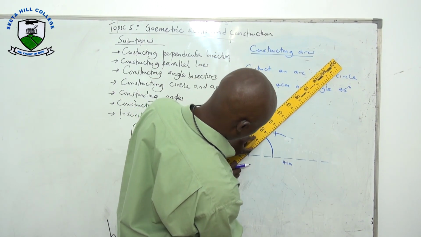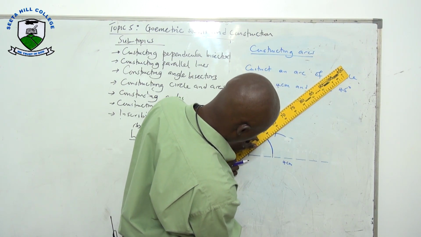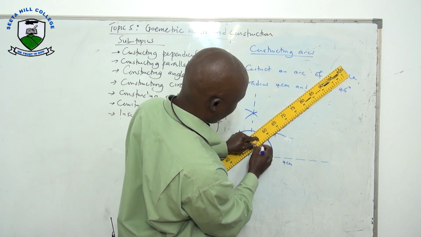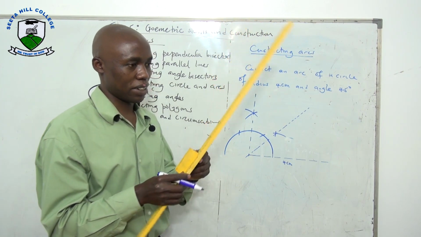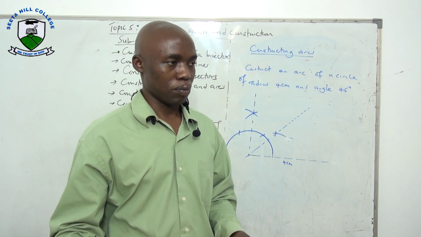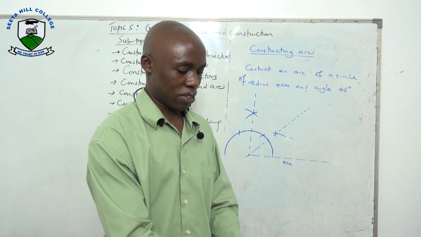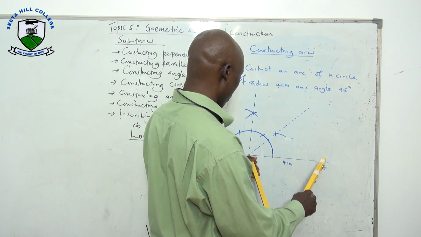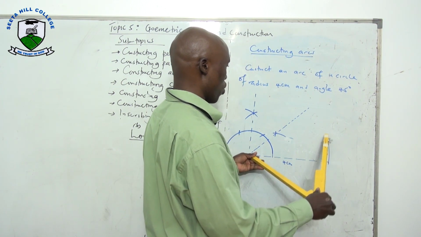Now you'll have to have that, and these are dotted because we are not interested in the angle but in the arc. Then, sorry, you now ensure your 4 centimeters were here, not so? Were here. Now you complete your arc here.